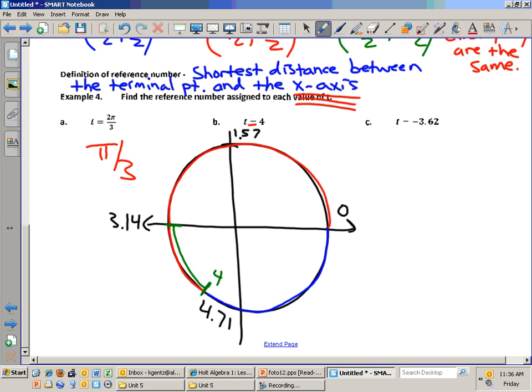So what is that length going to be? 0.86. How did I get that? 4 minus 3.14 is equal to 0.86. That's that distance. Now, if you were all the way over here, what is 2 pi? 360 or 6.28.